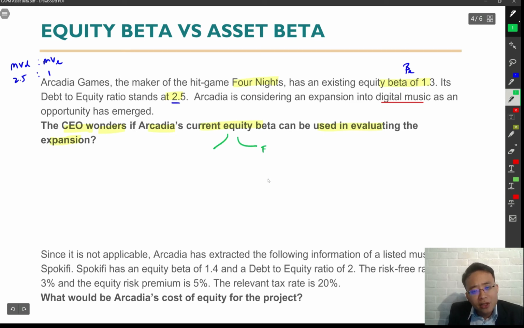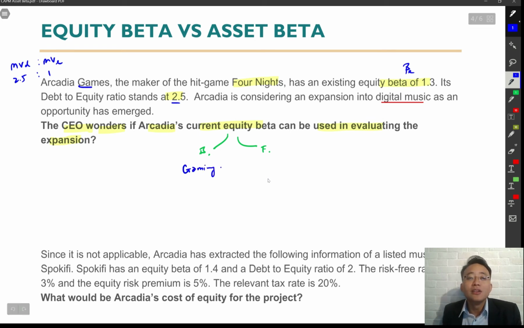It has financial risk and it has business risk. But what is the business risk within? Arcadia specializes obviously in gaming. That is the business model. Digital music, is that the same business model? No. It is a different business model altogether. Alright? So, I will have a need to change my business risk.